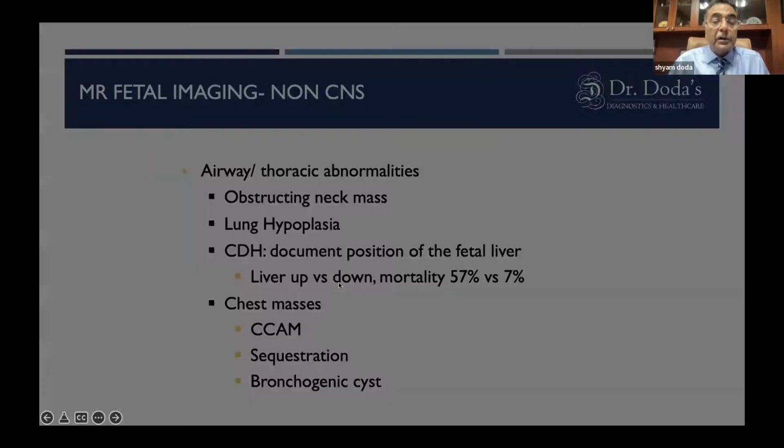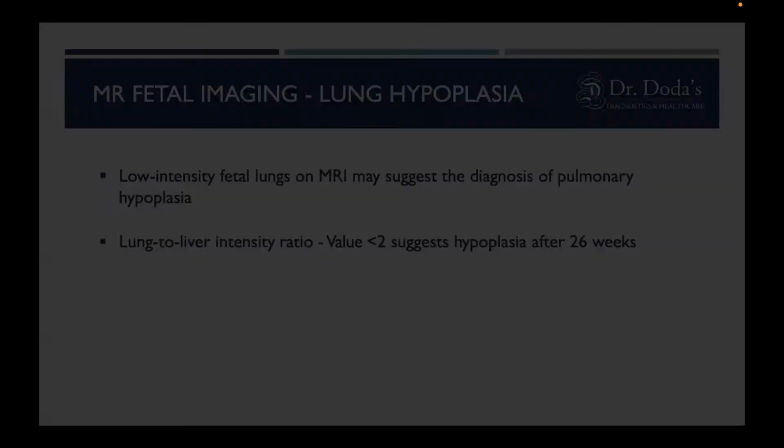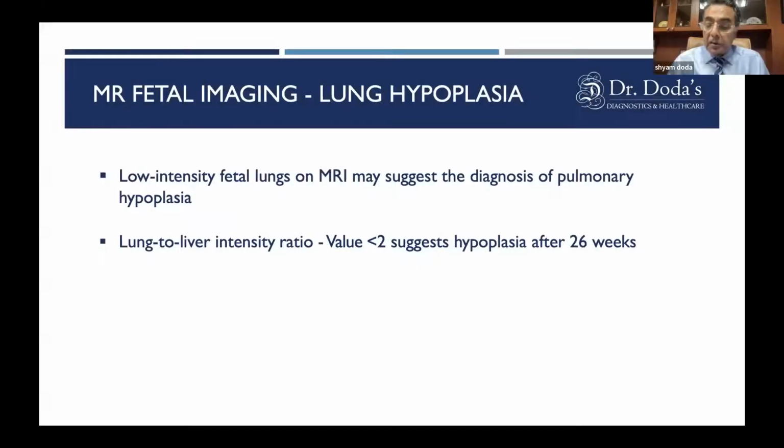I'll show you in one or two cases. One of the additional advantages of MRI is that we have been able to calculate the lung volume also. And there are various ways that you can compare it with the normal lung volume and thereby diagnose the hypoplasia.